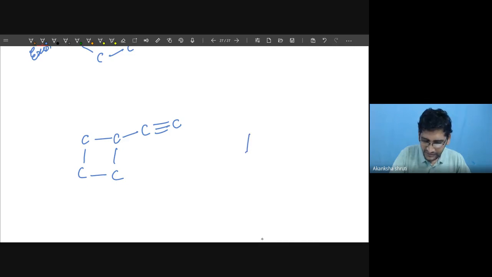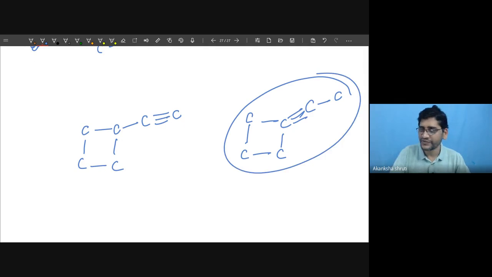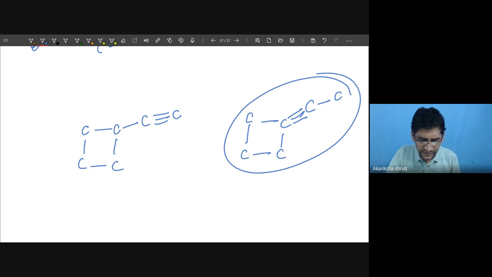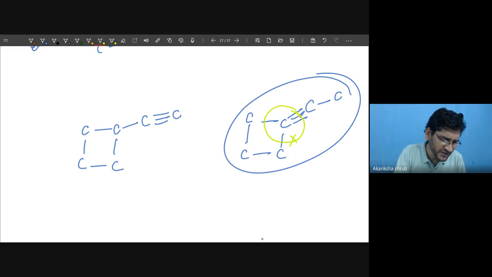The other one, say carbon, carbon, carbon, other carbon, this carbon, carbon, triple bond here. Can I form this, students? Is this structure feasible, okay or not? No, sir. Why? Very good. Observe this carbon, 3 bonds and 2 bonds, total 5 bonds. Because of this, the structure is not possible.